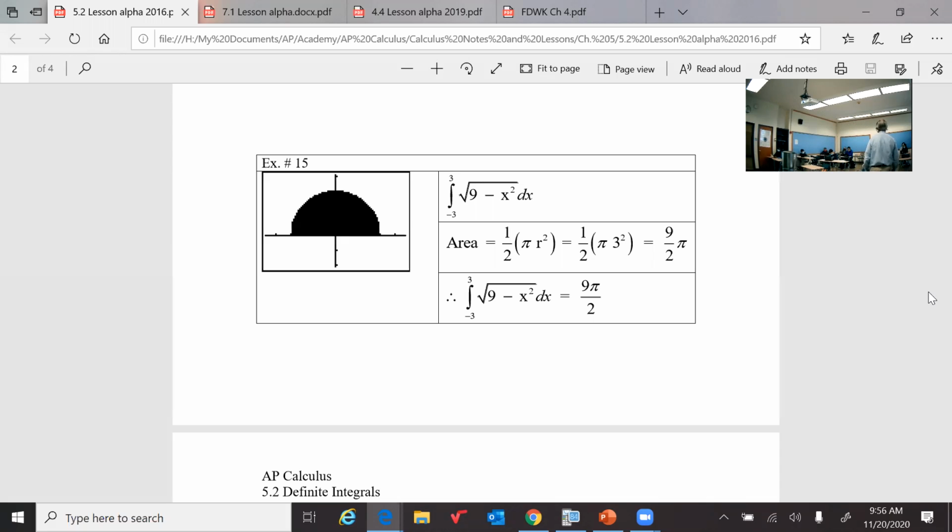You have a full circle. You want the area of that, you need to use the geometry of that, right? But this is what's important.